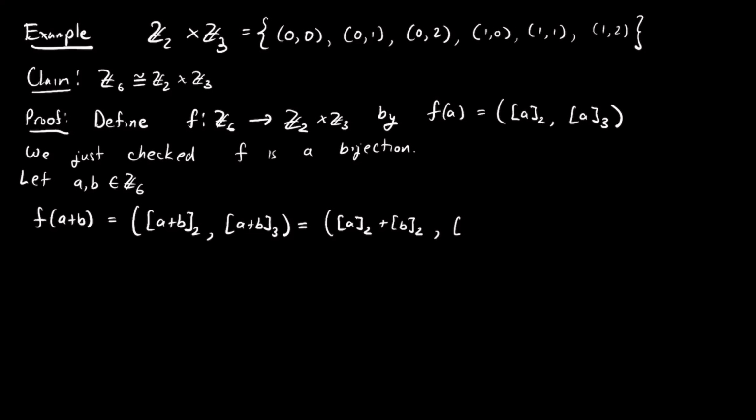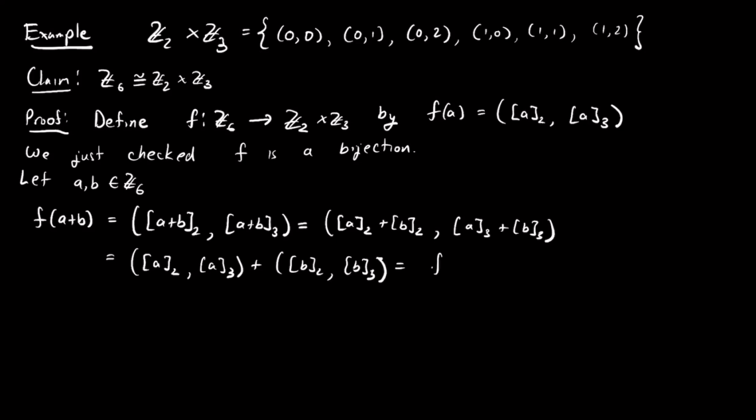And by the definition of addition in Z mod 3, this is the equivalence class of a mod 3 plus the equivalence class of b mod 3. What does this equal? Well, by definition of addition in Cartesian products, this is (a mod 2, a mod 3) plus (b mod 2, b mod 3).